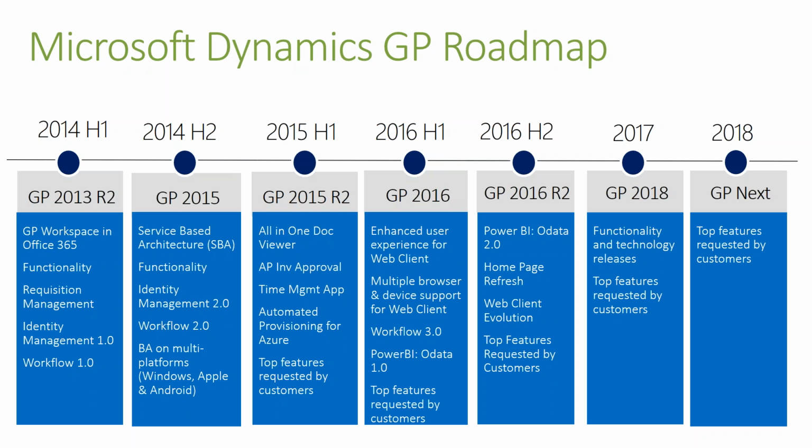The home page got redesigned a little bit, and one of the more exciting things was the web client evolution. It was rewritten in HTML5, which helps ensure interoperability amongst all different types of devices and platforms. And there were about 60 new features released in GP 2016 that were voted on by the user community.